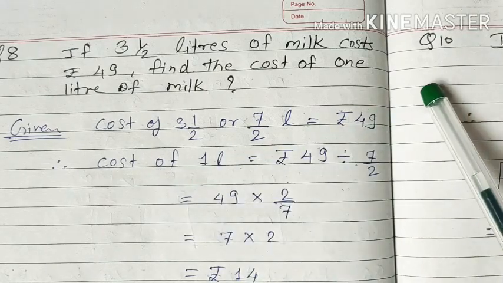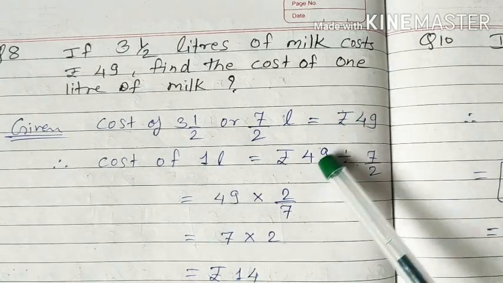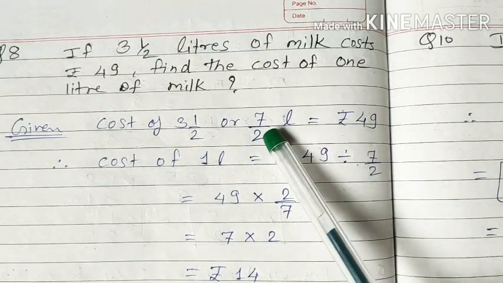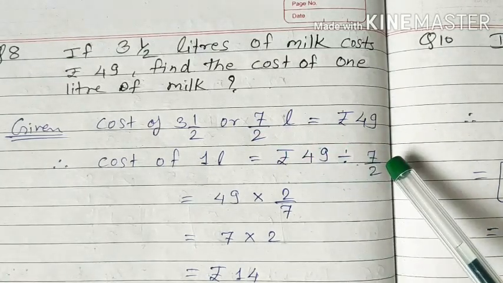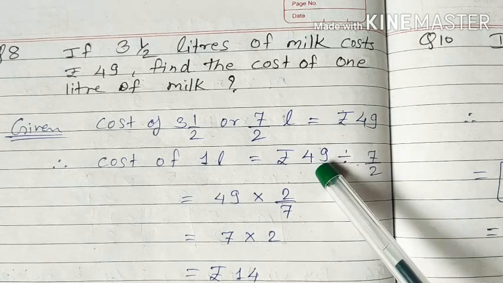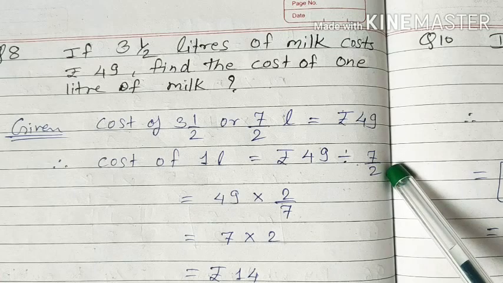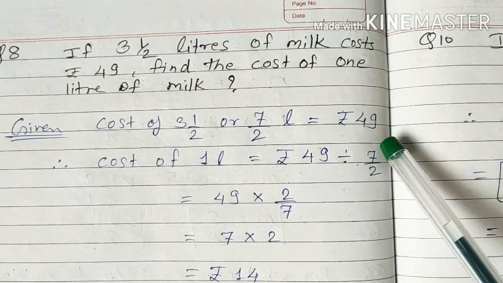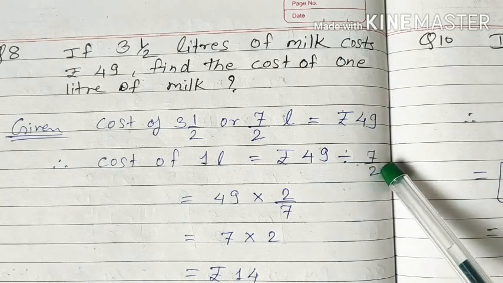So to find out the cost of 1 liter, rupees 49 is divided by 7 by 2, meaning amount divided by liters. So 49 divided by 7 by 2. Convert this division into multiplication and make a reciprocal of 7 by 2.